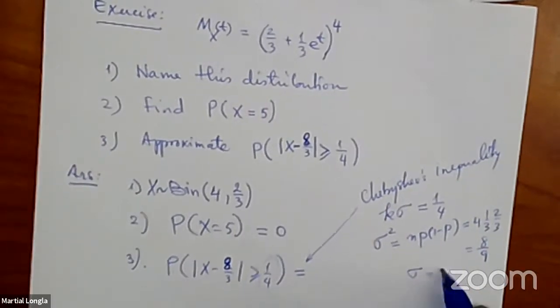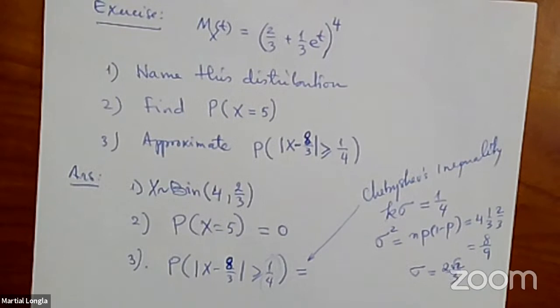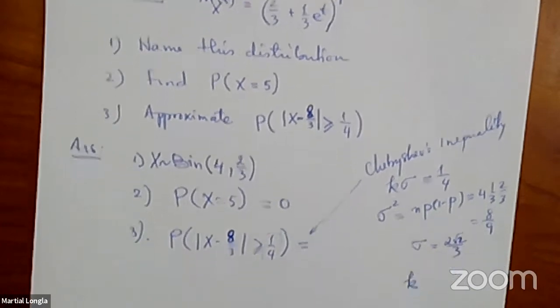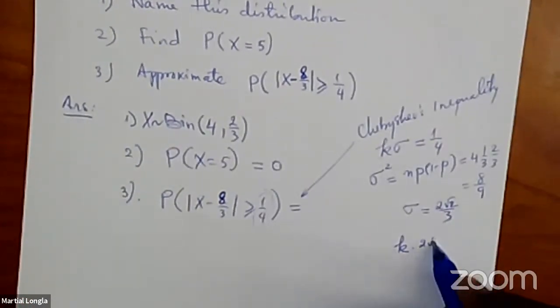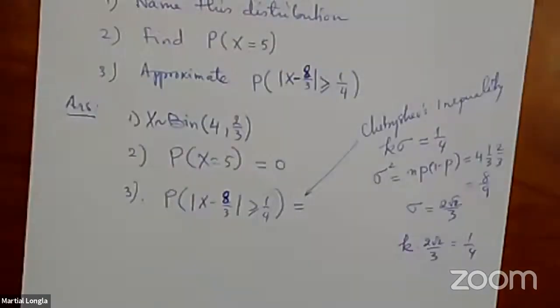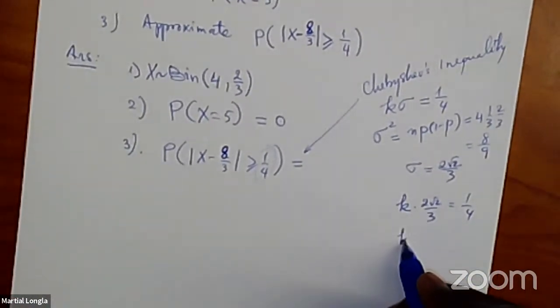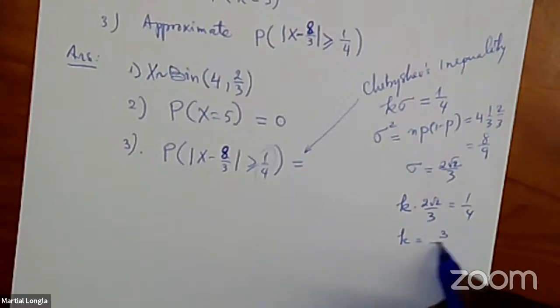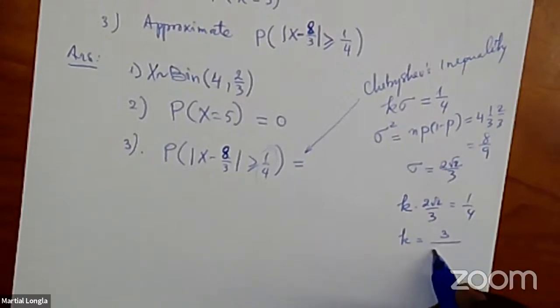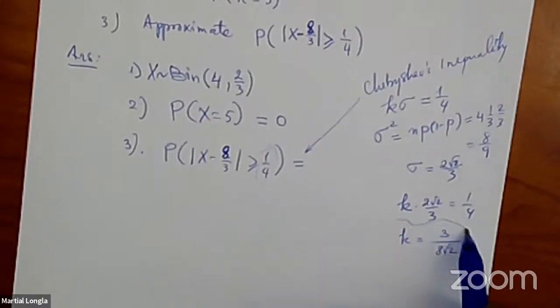So sigma is 2√2/3. And so you have k times 2√2/3 equals 1/4. To solve, you get k equals 3/(8√2). So technically, that's what you have to do.